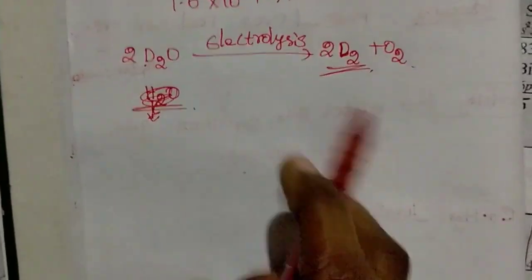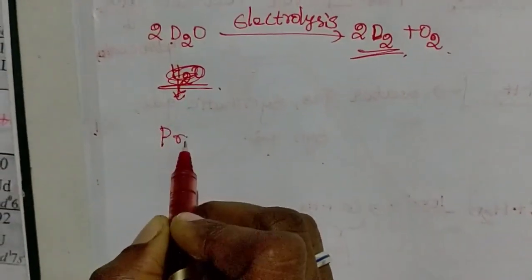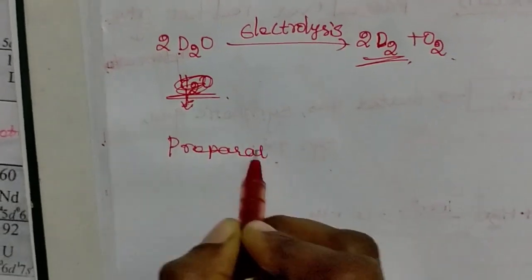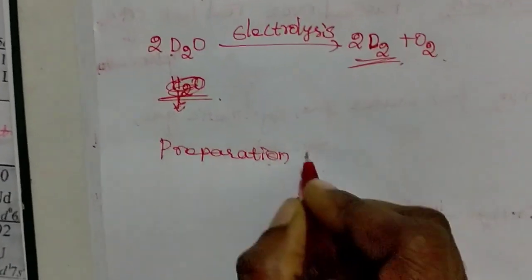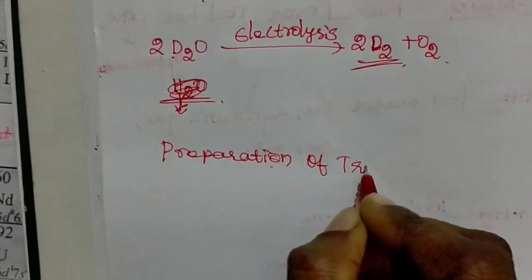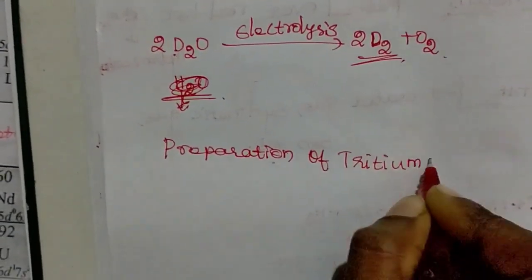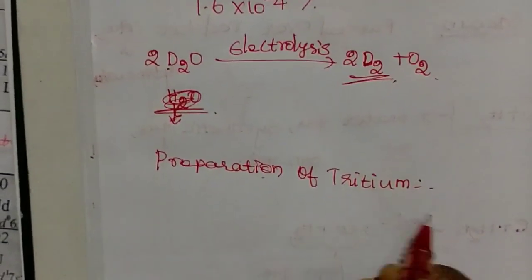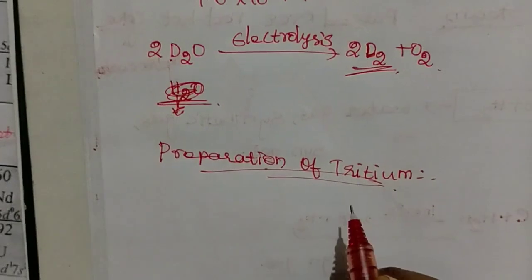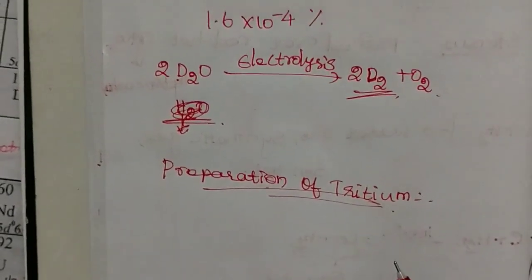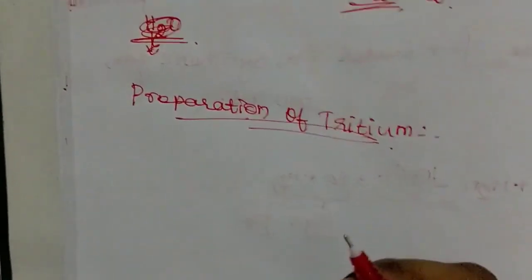Next process, preparation of the third isotope, tritium. You know that tritium is a radioactive element and it is present only in trace amounts.